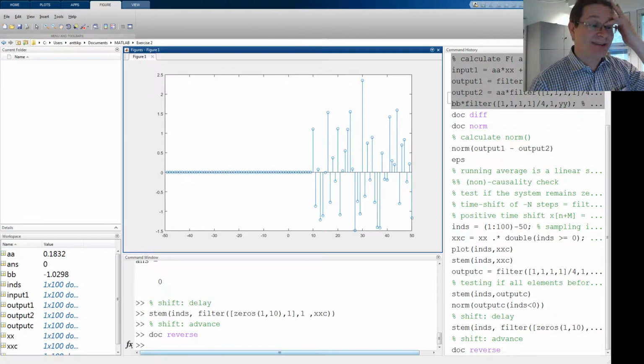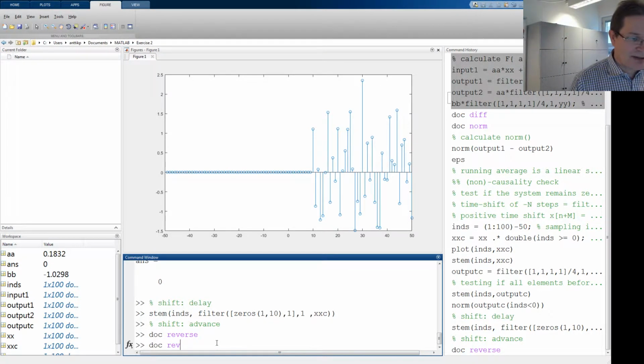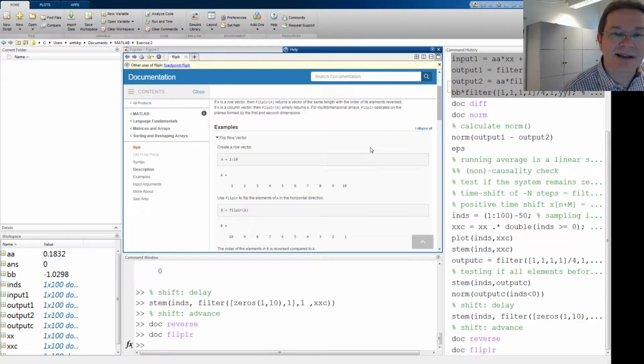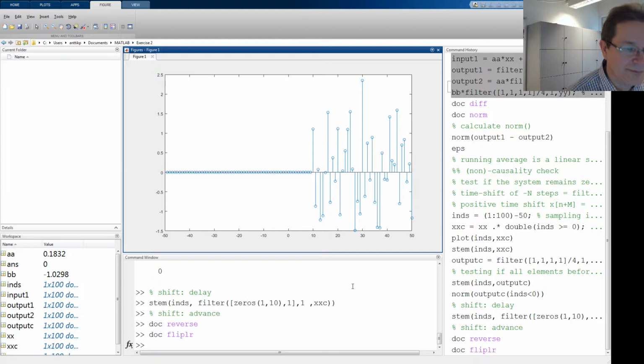Ah, yes, flip. Flip flips from the left to the right. Yeah, flip. It's just flip. There's also the flip LR, so flip LR. Yes. Excellent. So yes, it's that one. Good. Thank you.